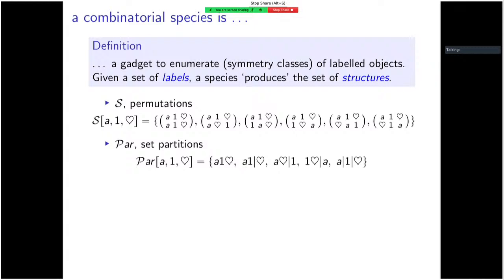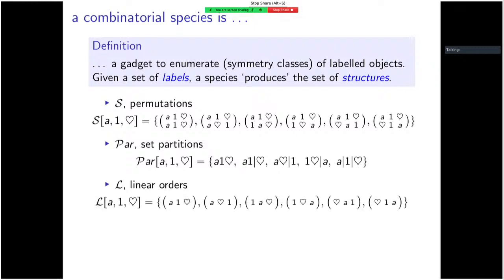We can put A and 1 into a set and heart into another set, or we can put everything into a singleton set. That's something easy. Or as a third and last example, the species of linear orders, L.